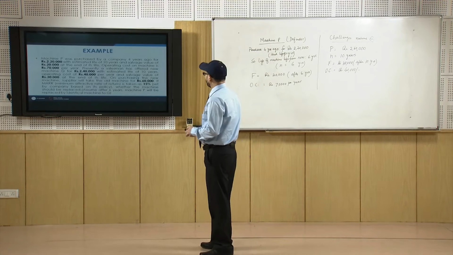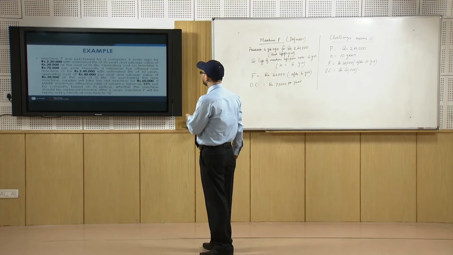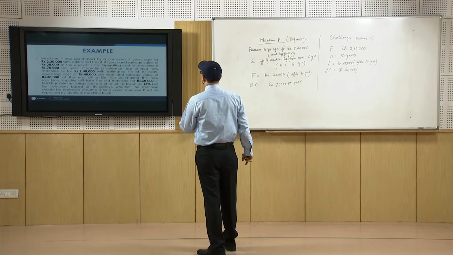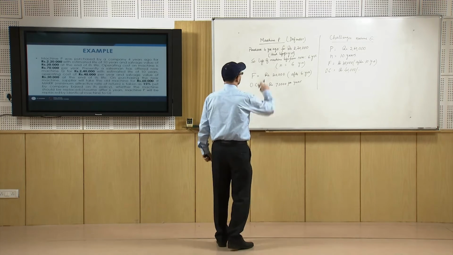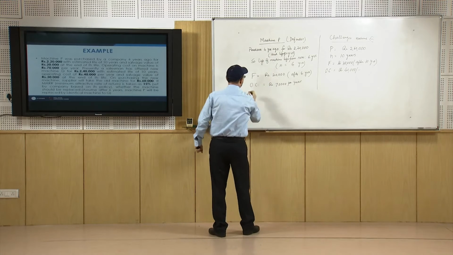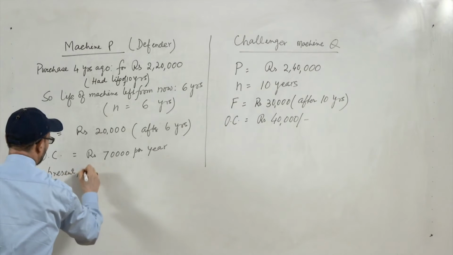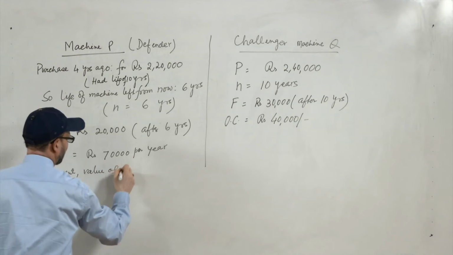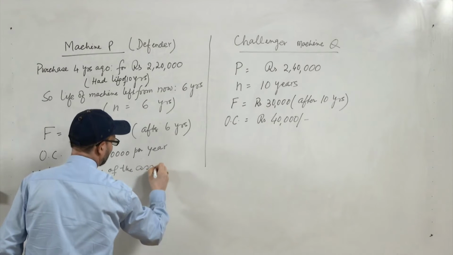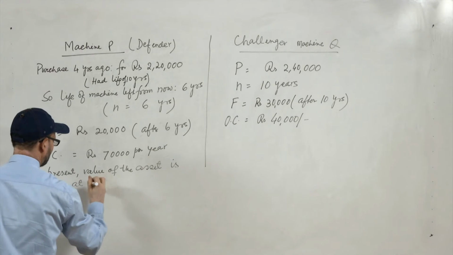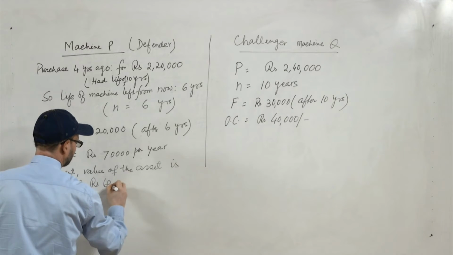Now, once you purchase the new machine, the supplier will take the old machine for rupees 60,000. So this 60,000 is basically the value of the present asset. At present the value of the asset is done at rupees 60,000.